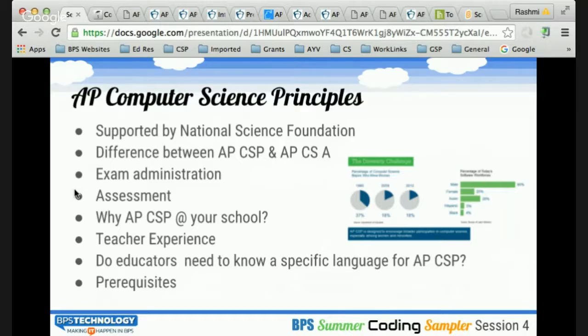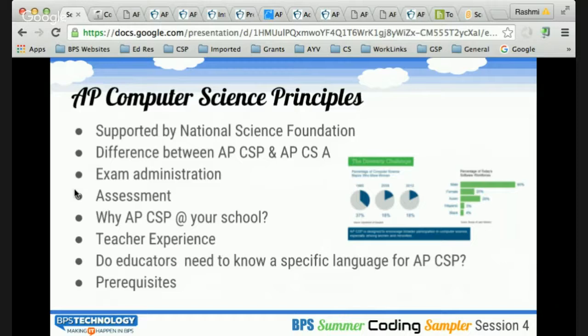They both are working together in order to bring about the CS certification for teachers. But right now, there is no certification for AP Computer Science Principles other than going through the College Board approved professional development, which gives you the tools necessary to implement AP CSP in your classroom.